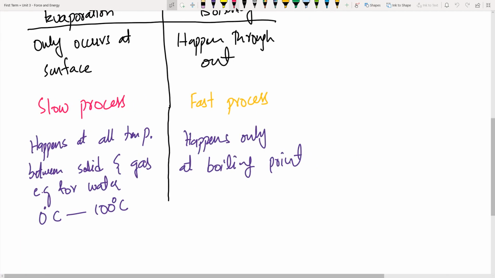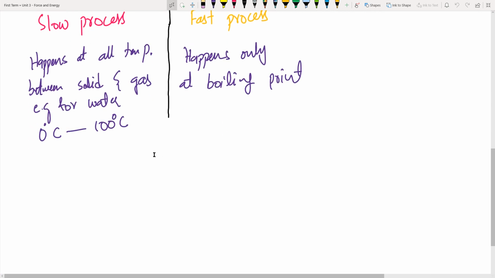And the final thing that I'm going to discuss over here is the provision of energy, right? The energy of the particles. So evaporation causes cooling. And why does it cause cooling?